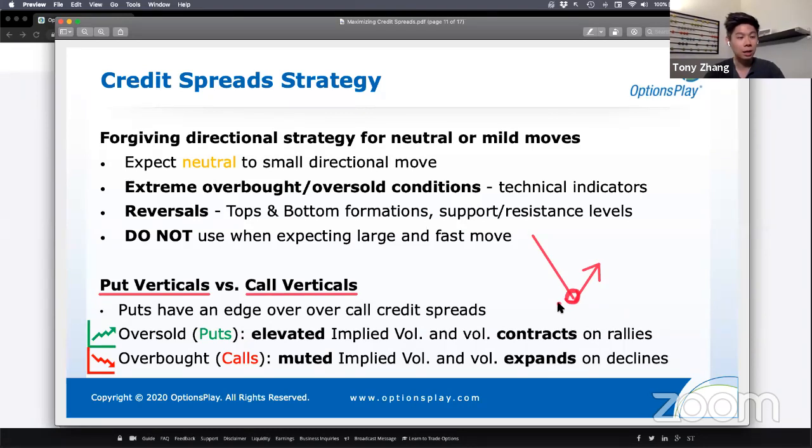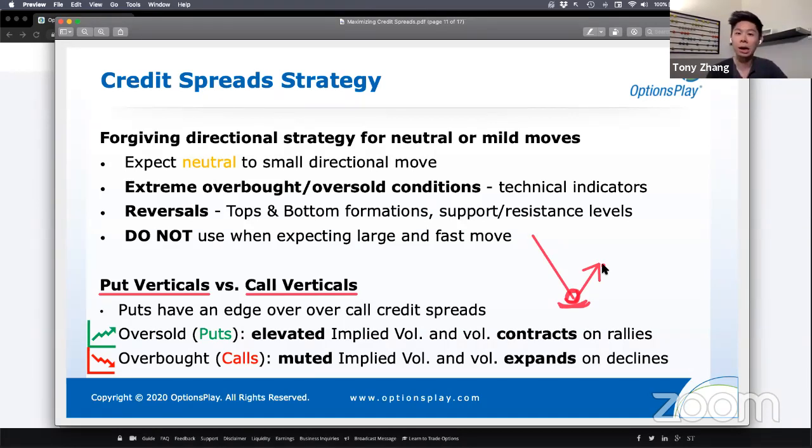During this time, volatility is highest, and then when the market rallies subsequently, volatility will lower. Because you're short volatility, you want volatility to decrease. So that's why whenever you're selling a put credit spread, you have a slight edge because you have vega or volatility working in your favor.